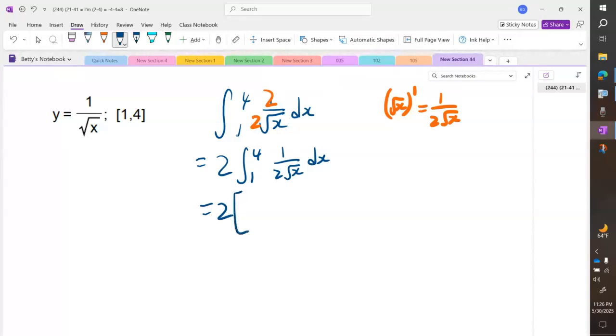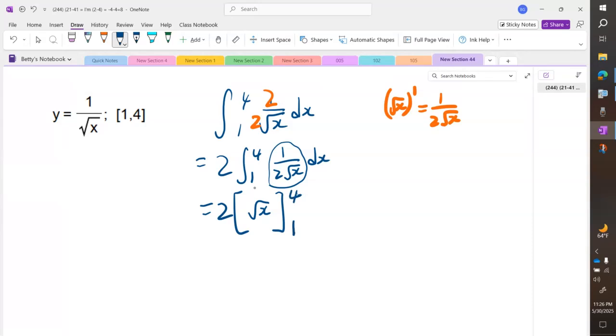And keep 2 outside, okay? Take the bracket. And the antiderivative of this function is root x. So it's going to be root x at value 4 minus root x at value 1.